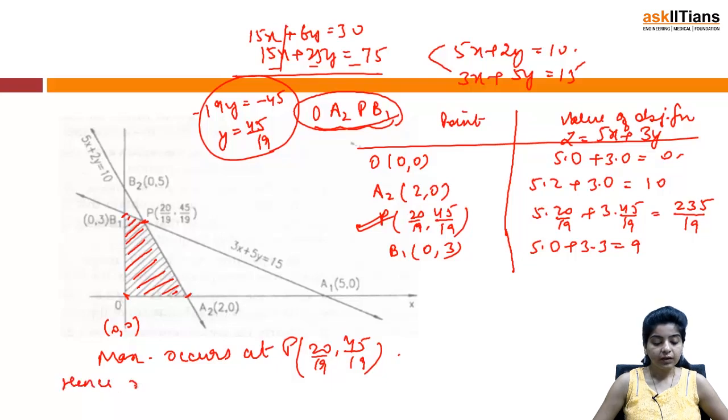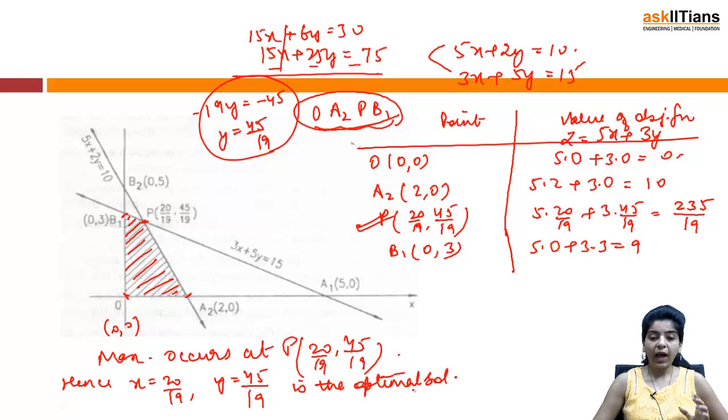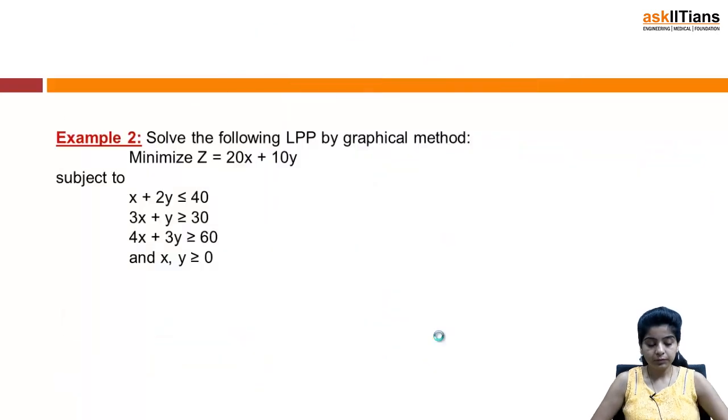Hence, x equal to 20 by 19, y equal to 45 by 19 is the optimal solution of the given LPP, and the optimal value of z is 235 by 19. So this is how you solve your questions using the corner point method. We'll be discussing one more example based on it.